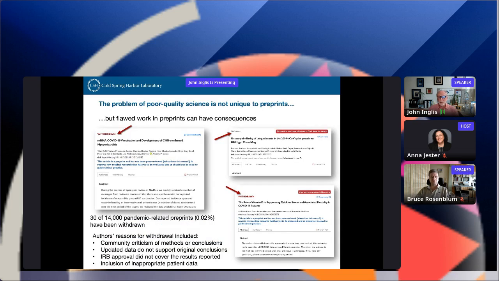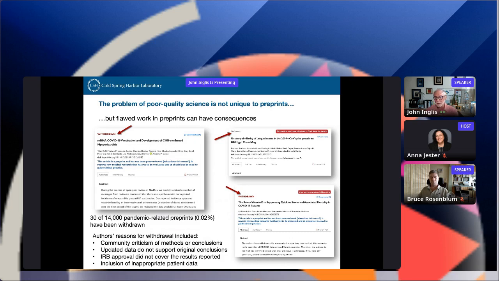Now, that is not to say that everything on preprint servers is good science, and we are entirely aware of the fact that poor quality science is appearing on preprint servers. However, it's not just a problem of preprint servers. But when flawed work appears on medRxiv and bioRxiv, it can have serious consequences.